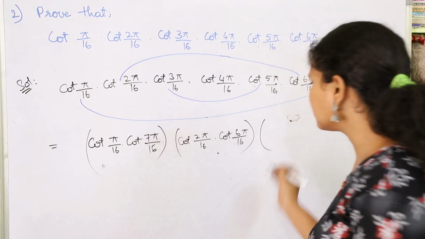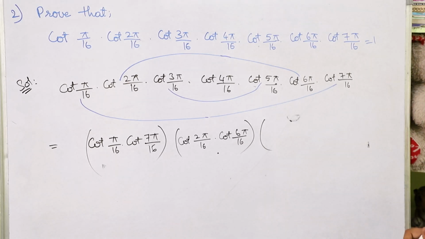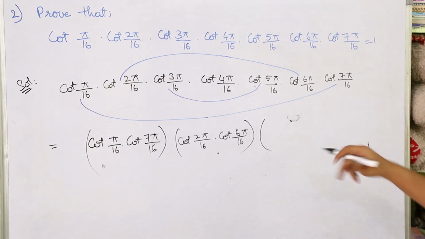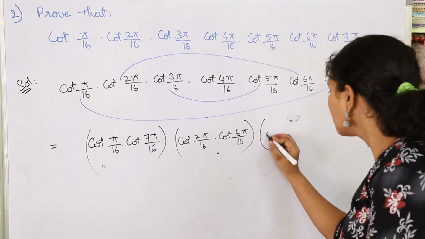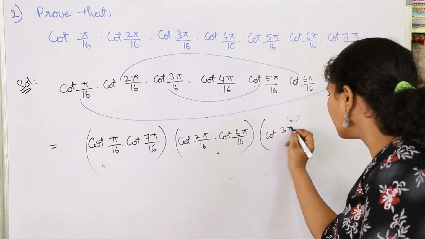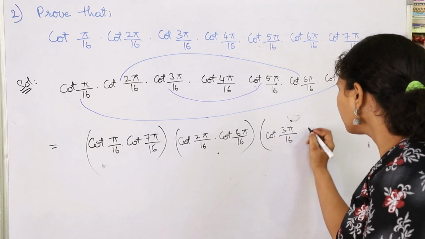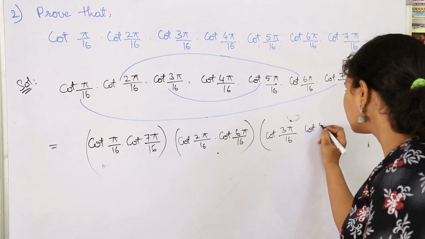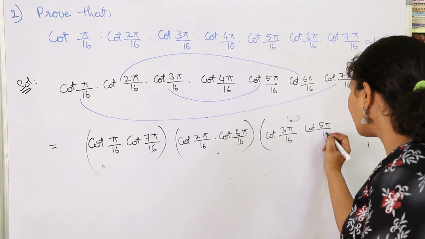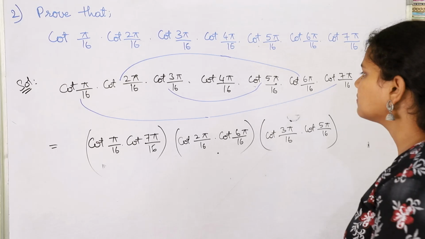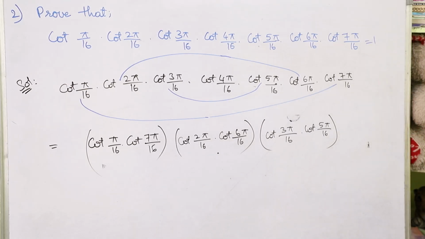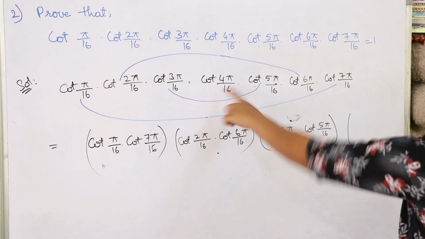Again the next one, cot 3 pi by 16. The next multiplication is with whom? Cot 3 pi by 16 into cot 5 pi by 16. Now the last one, you have the leftover single one, cot 4 pi by 16.